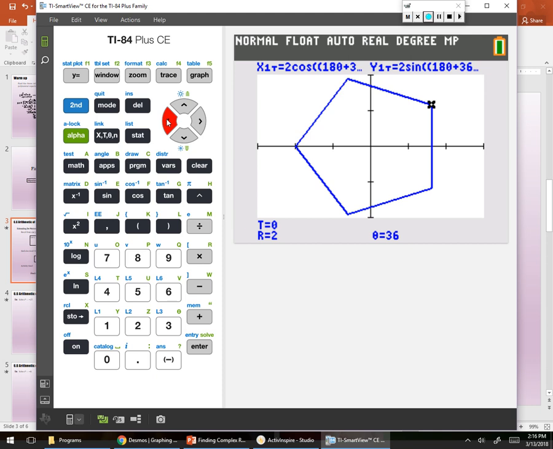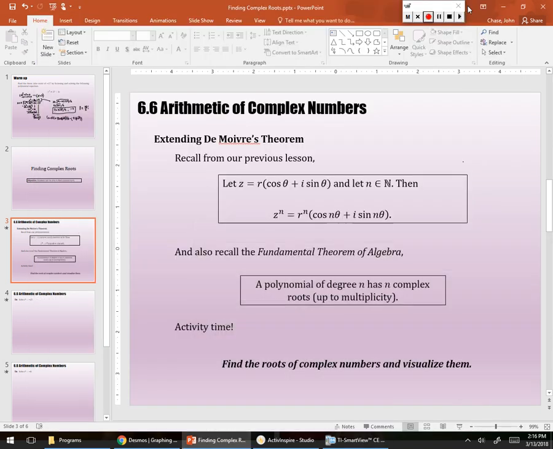Anyway, that's good. You'll be making all sorts of regular polygons now. What's the one you're working on, number 5, going to be? Yeah, I think you should get a triangle on that one.